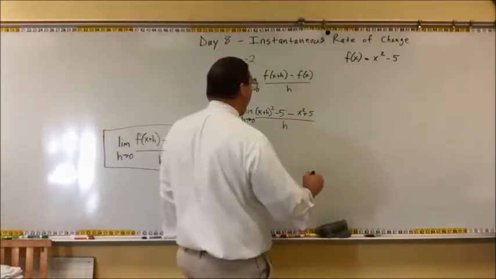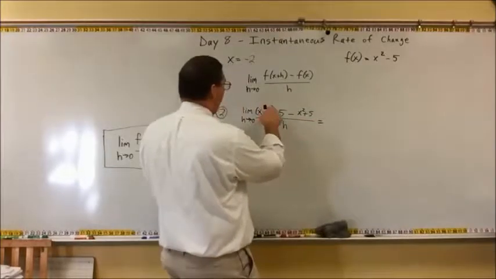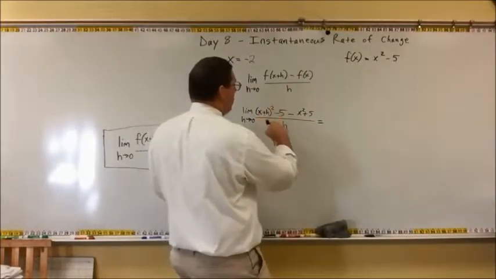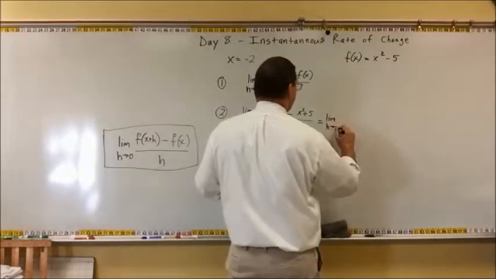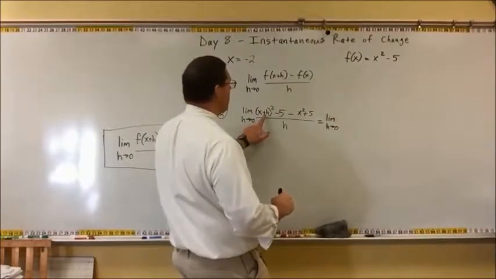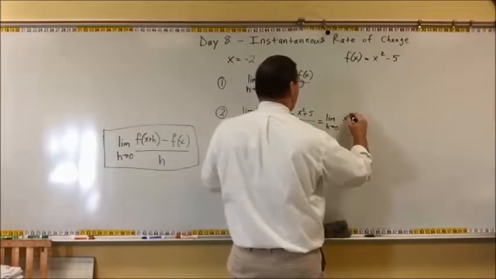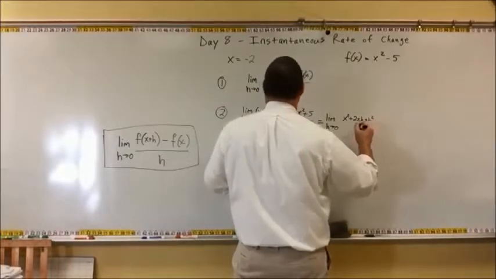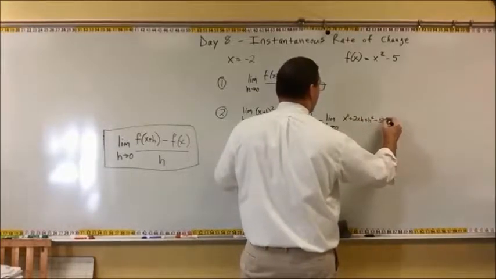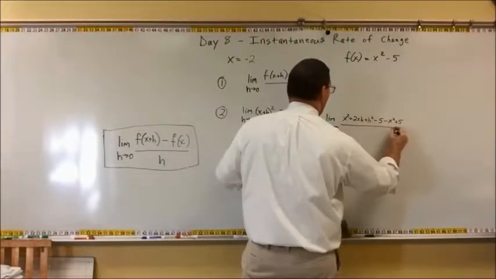So now let's go ahead and work out our x plus h squared. So we'll have the limit as h approaches 0 of, what's this going to become? x squared, yep, 2xh plus h squared minus 5 minus x squared plus 5 over h.